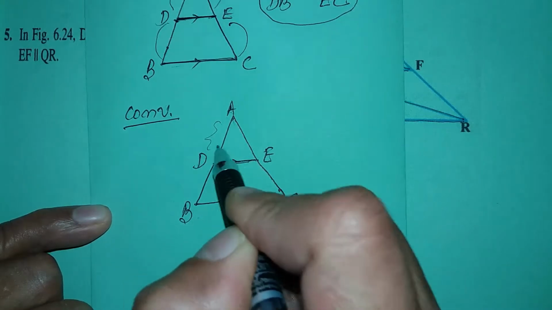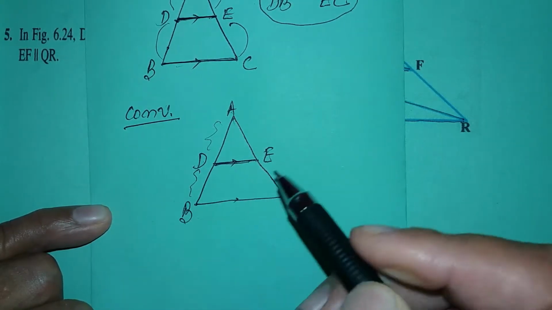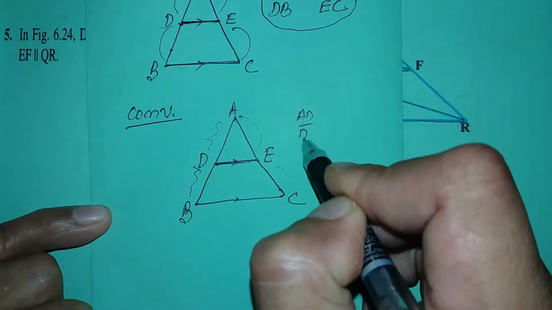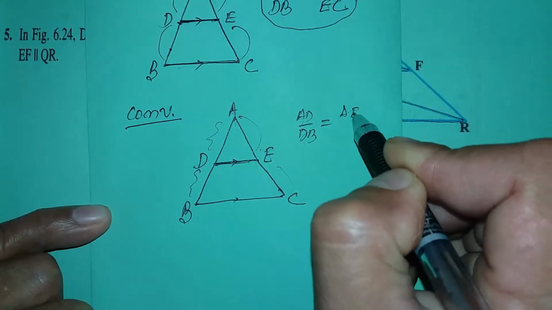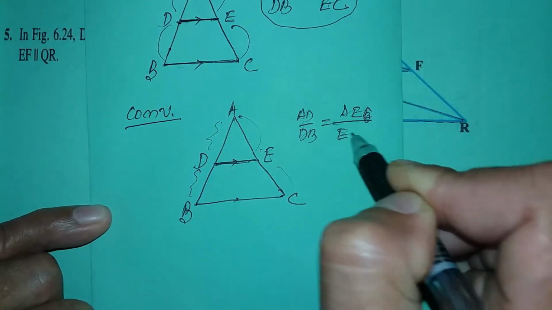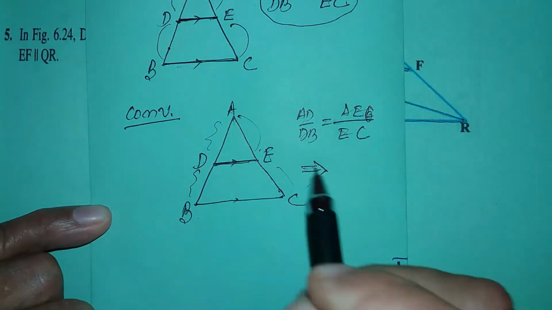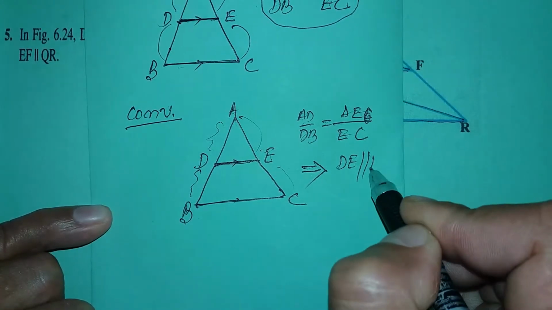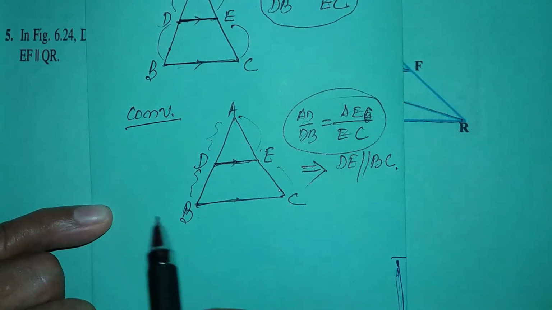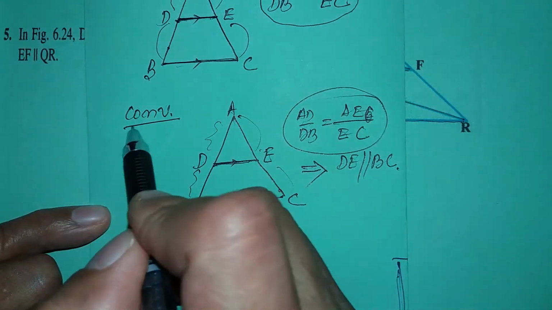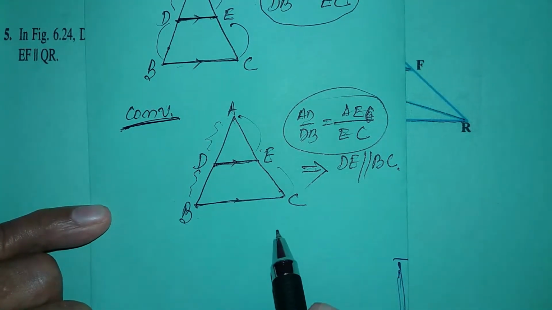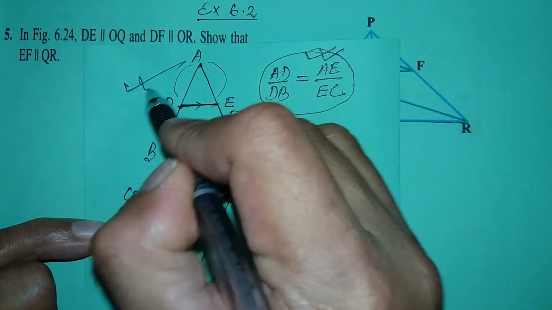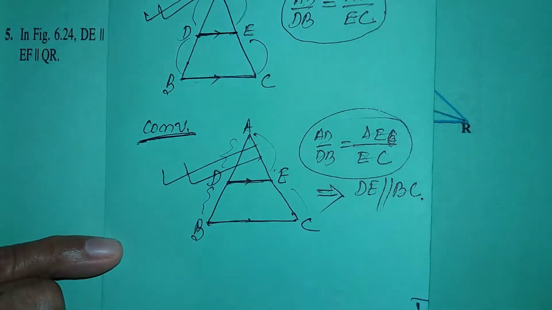If AD by DB is equal to AE by EC, then these two lines are parallel. This DE is parallel to BC. So this is the converse of the basic proportionality theorem. So these are the two properties that we're going to use in all the questions.